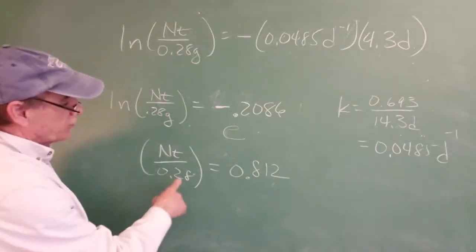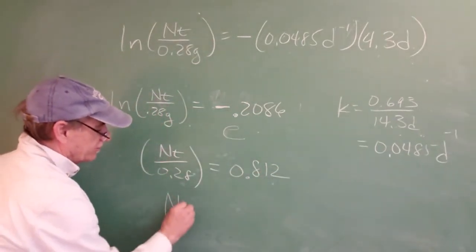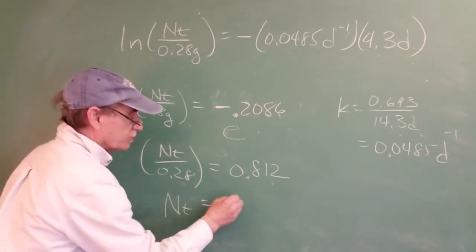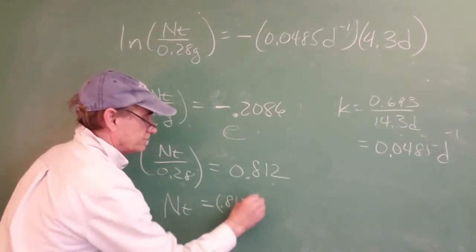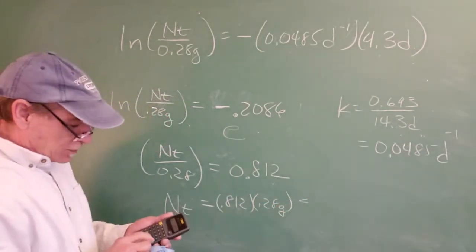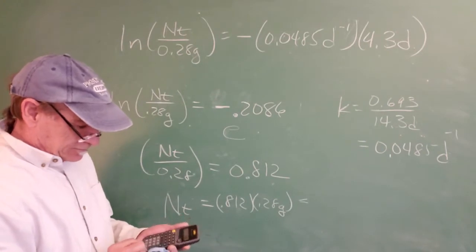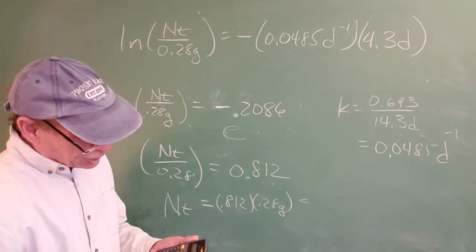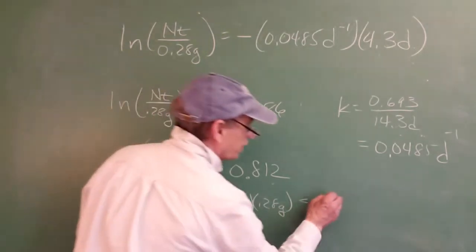Then it makes it pretty easy to figure out what N at time t is. It's going to be the 0.28 times the 0.812. That's going to equal 0.227. I guess we could go 0.23.